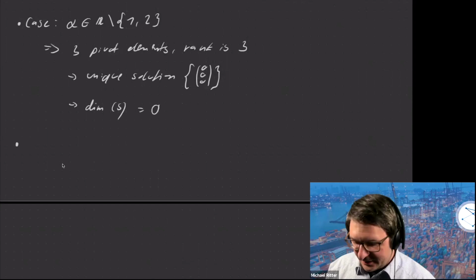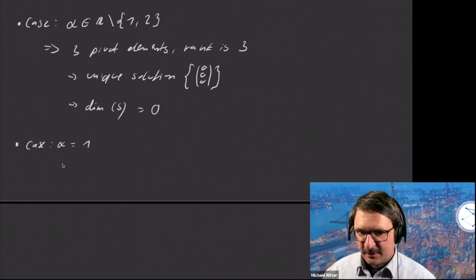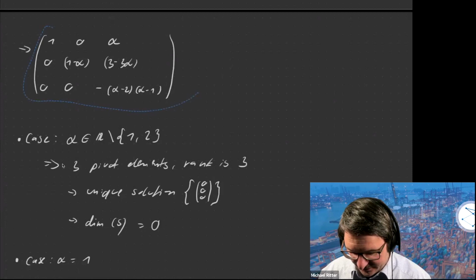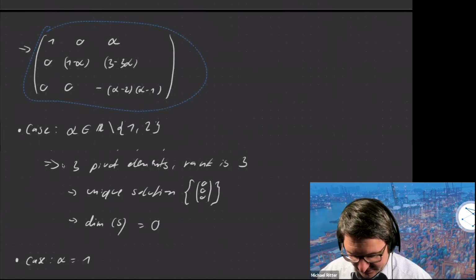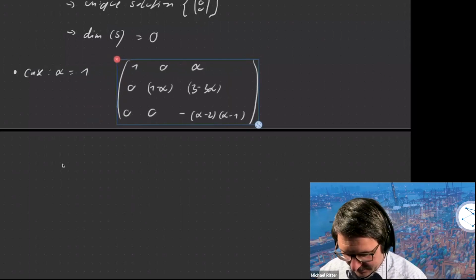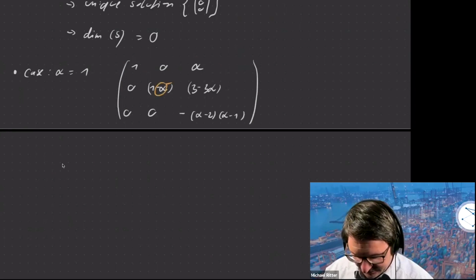So let's look at the case alpha equals 1. What I get then, if I take a look at this matrix here, let's copy that. What I get then is a 0 right here, and I'm also getting a 0 here.